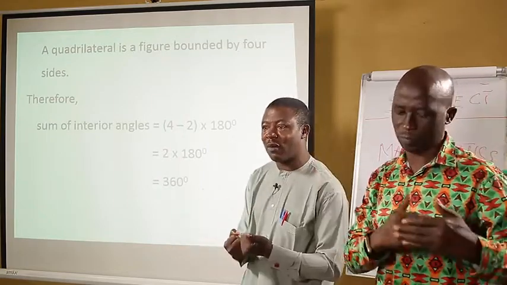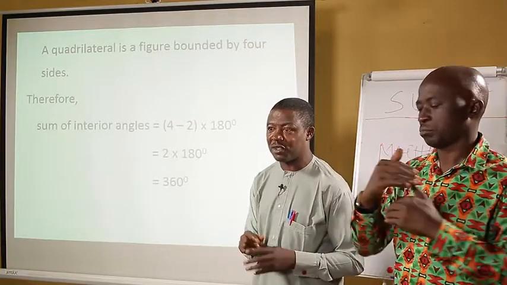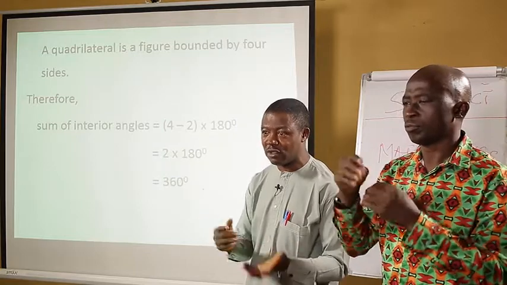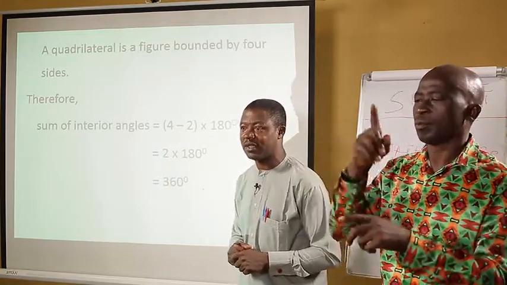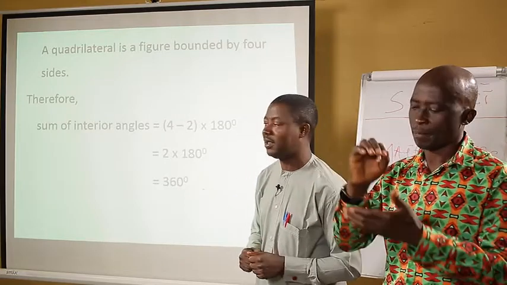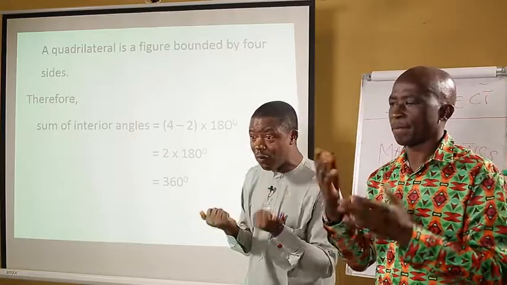Now let's find the sum of its interior angles. The sum of its interior angles is given by the formula (n minus 2) times 180 degrees. In this case, our n is 4.